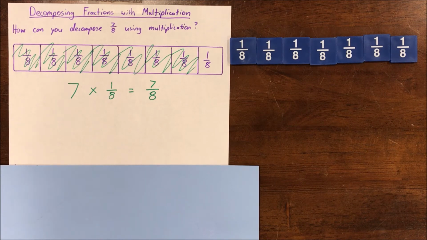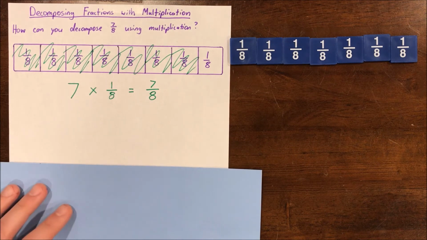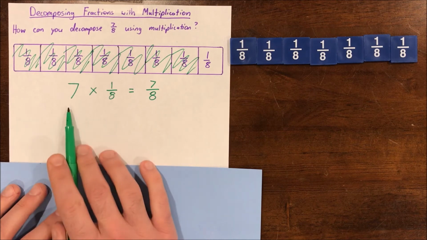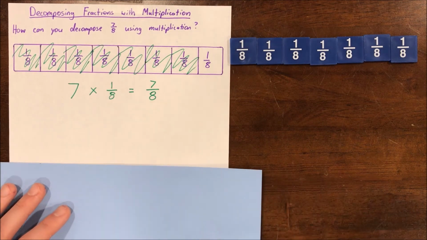In Annabelle's sentence, she added 1/8 7 times to equal 7/8. That's like what we did yesterday. In our number sentence today, we represented the 7 groups or copies of 1/8 by multiplying 7 times 1/8.